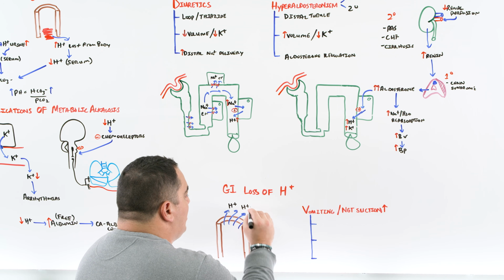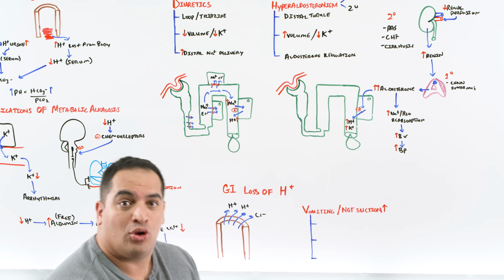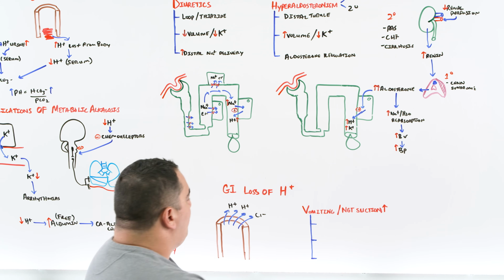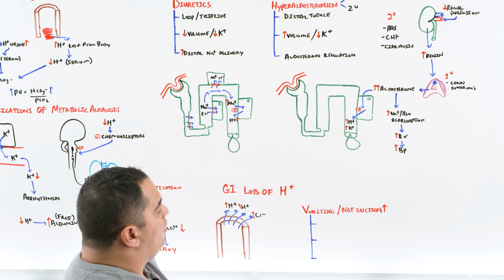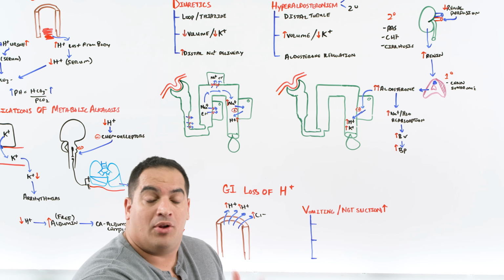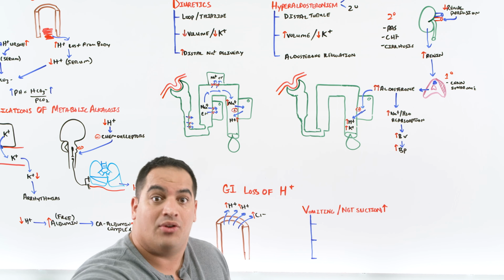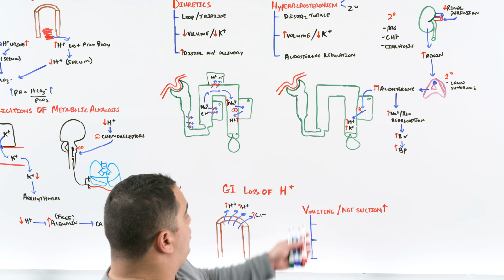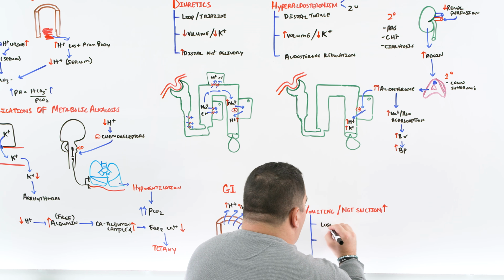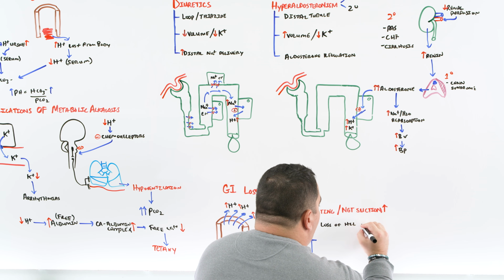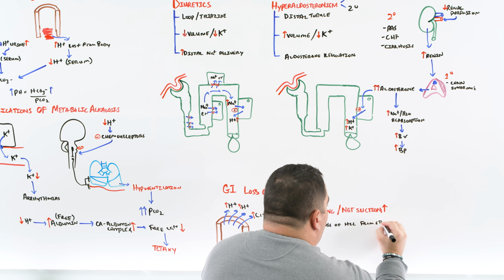So they're dumping out protons, and then another ion that they may be dumping out is chloride. Now, when you dump out tons of protons and tons of chloride, they'll end up causing an increase in their bicarb, and as a result, they'll end up with a metabolic alkalosis. So with this one, you really want to think about a loss of hydrochloric acid from the stomach.